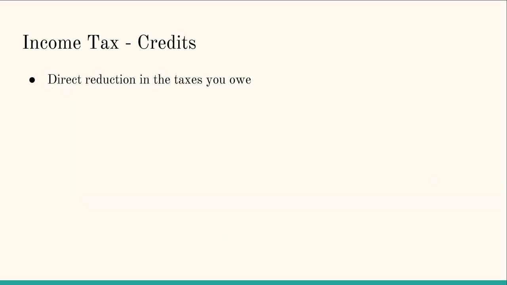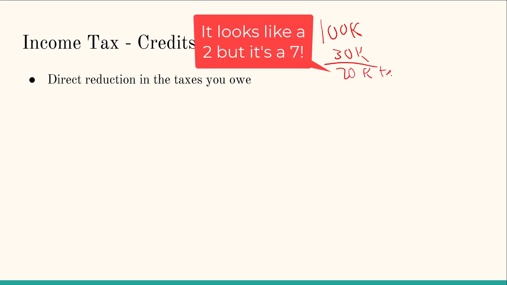Okay, so now let's talk about credits. A deduction is where it reduces your taxable income. So if you made 100K, and let's say you had 30K in deductions and adjustments, that means you have 70K in taxable income.